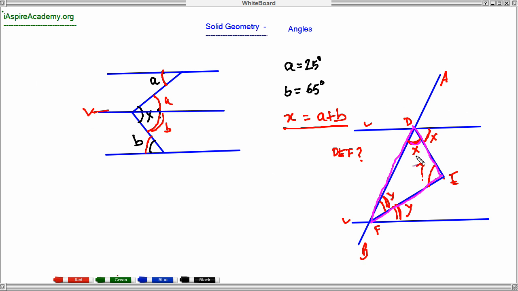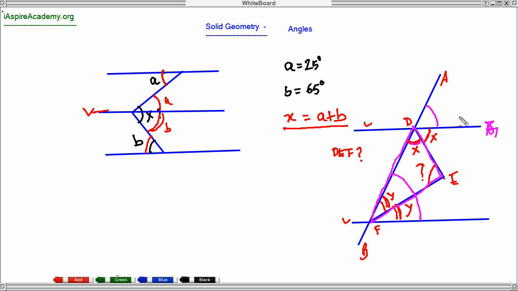We know X and Y, but we don't know the exact values of X and Y. Now this angle is the same as this angle, and let's say ADG.